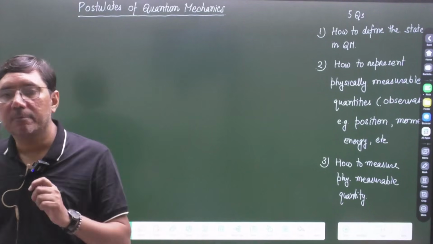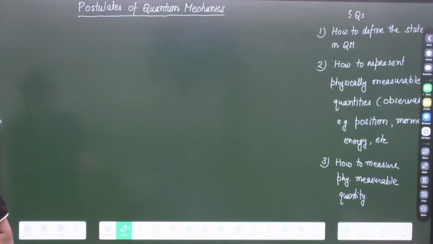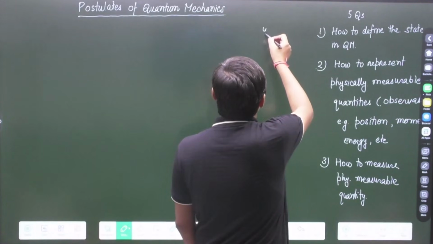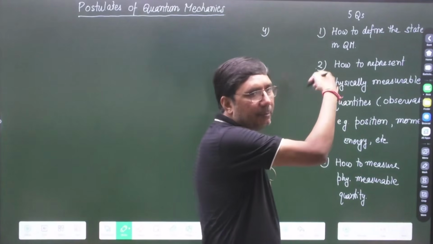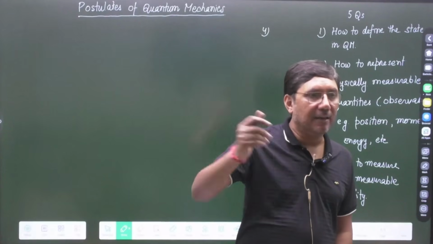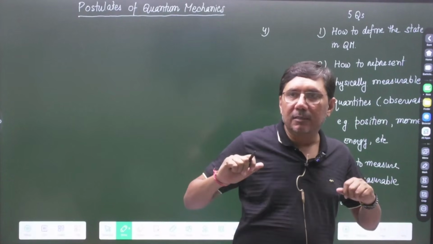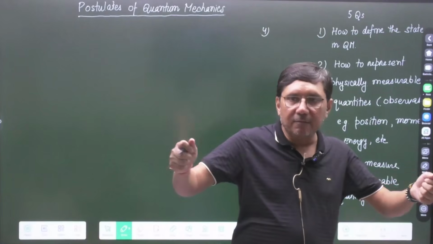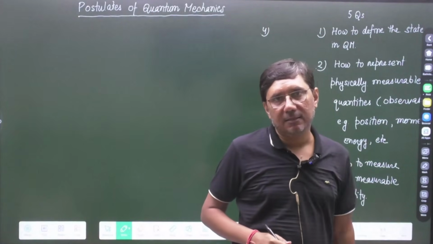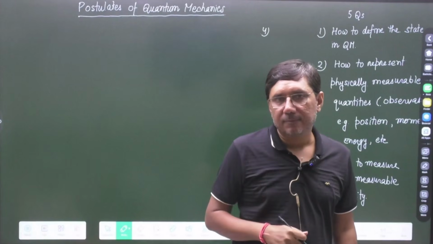This is the fourth one. It is related to repeated measurement, and in repeated measurements you are getting different values. So now there will be a question: out of so many values, what will be the value of that observable when the system is in that state? So you have to answer that.